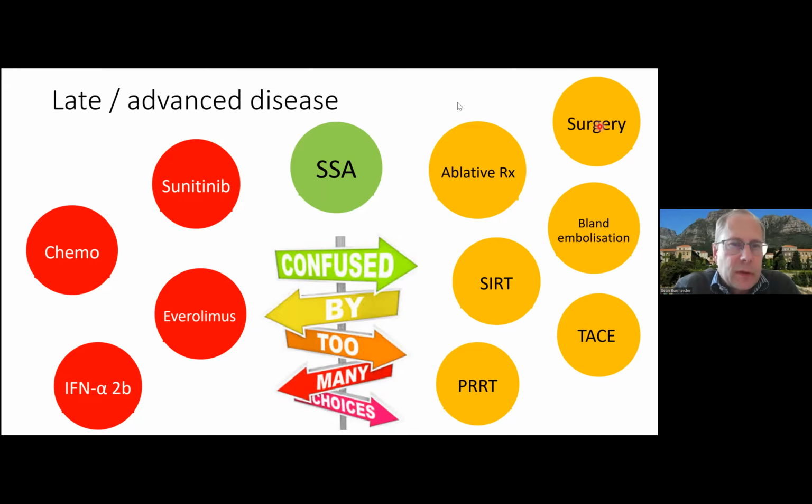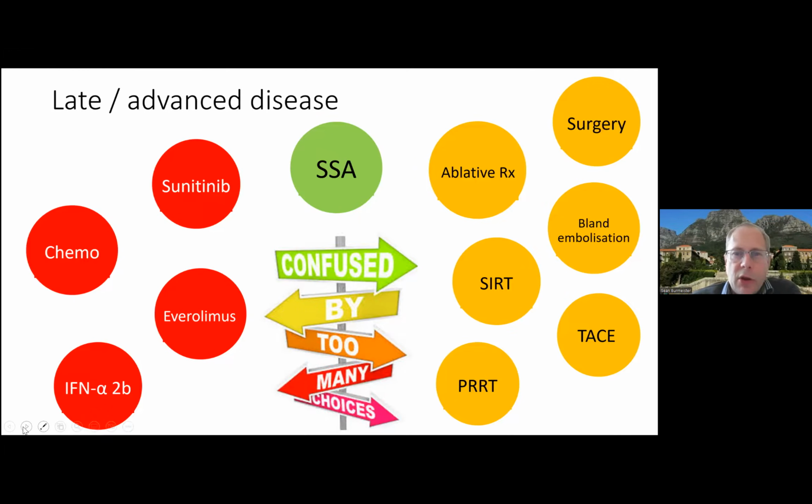But these medications come with very significant side effects and risks, and are generally very poorly tolerated, with perhaps some effect, but certainly weighing up the risk versus the benefit, the benefit is less. So I think in current practice, people are certainly leaning more towards PRRT and other liver-directed therapies primarily.